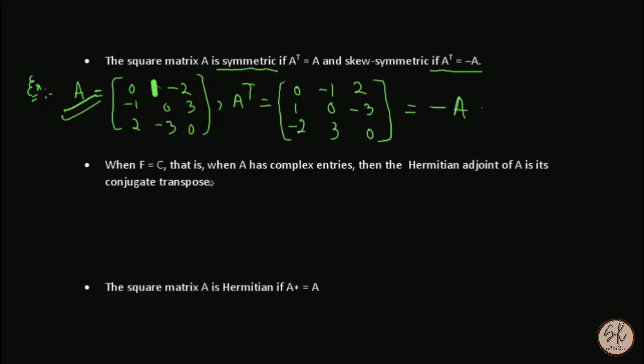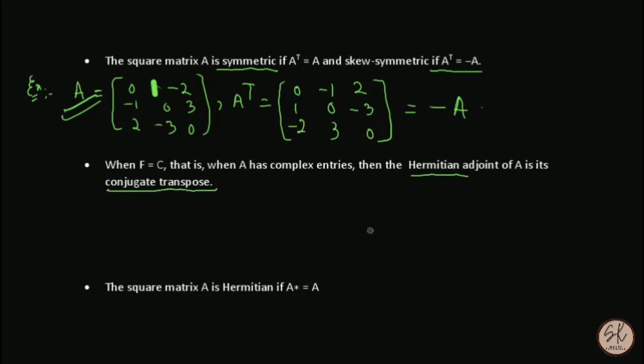Now the next type of matrix is the Hermitian matrix. When F is equal to C, that is when A has complex entries, then the Hermitian adjoint of A is its conjugate transpose.